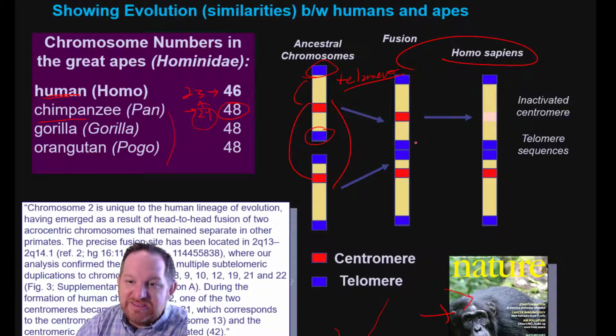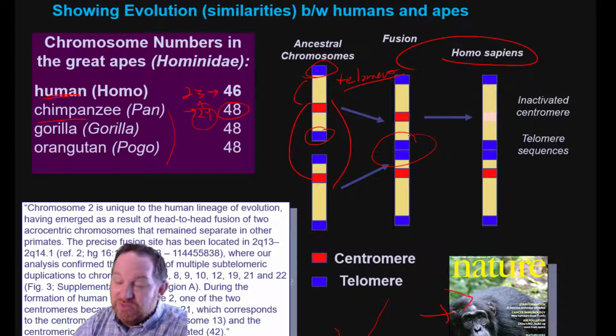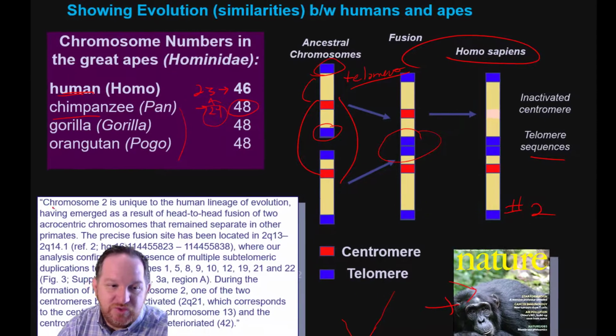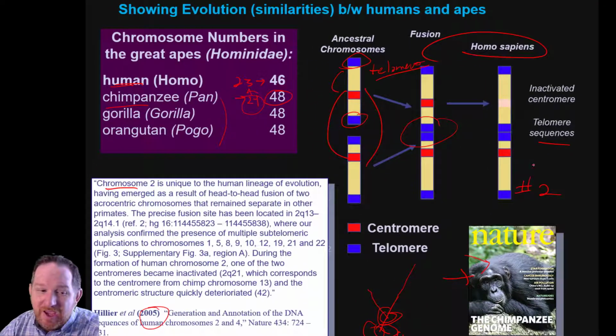We'd see in the center of one of our chromosomes a lot of telomeres, or a telomere sequence. And believe it or not, when we started looking, there is one. Chromosome number 2, as you can see here, emerged from a head-to-head fusion of two other chromosomes.